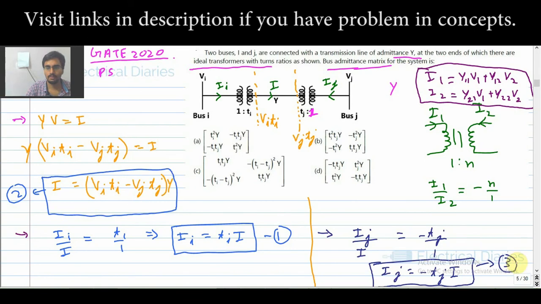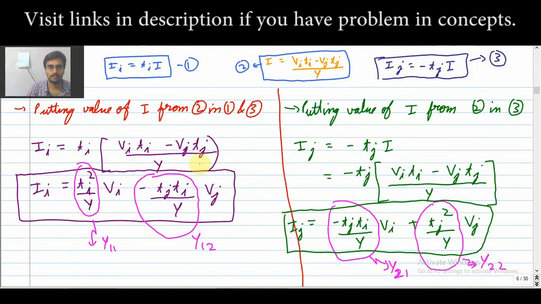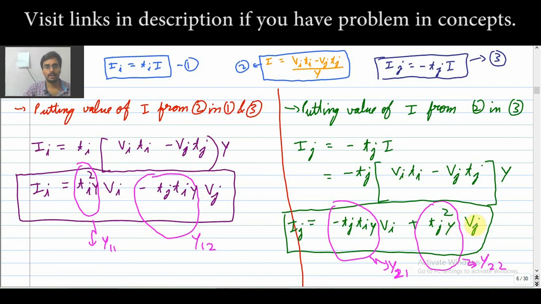Now let us make some changes. It will be y here, and it will be y here also. So these are my y11, y12 and y21, y22. Let us match.